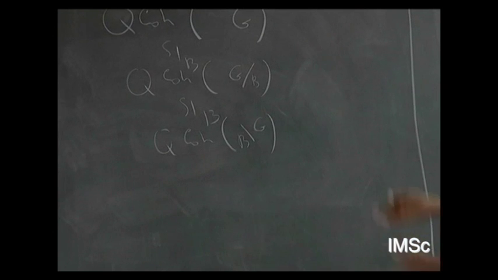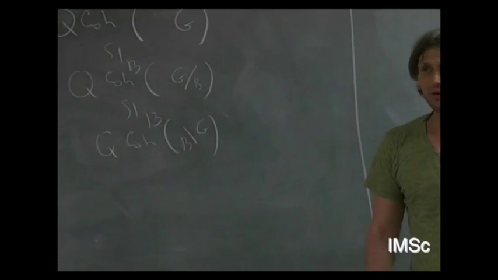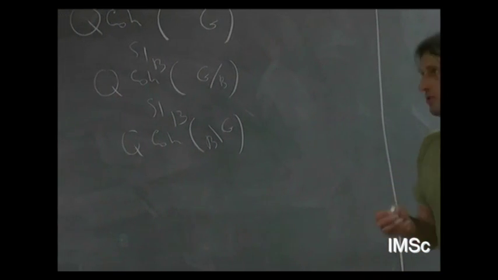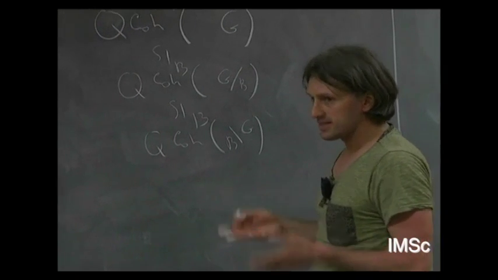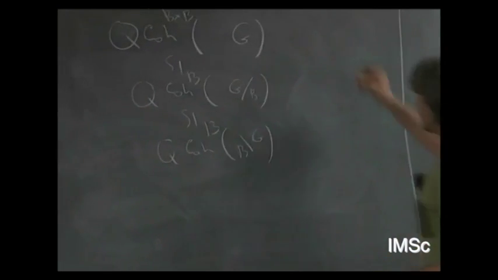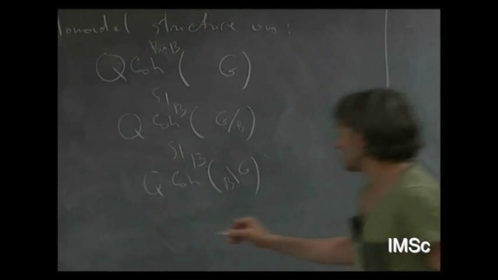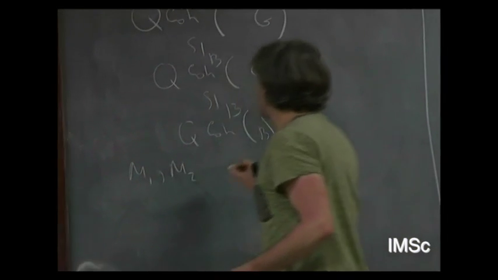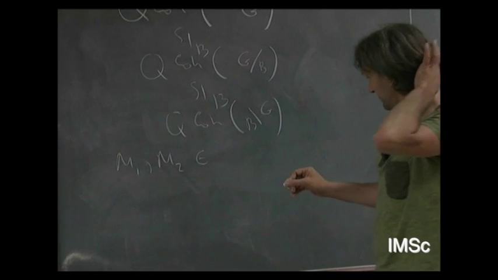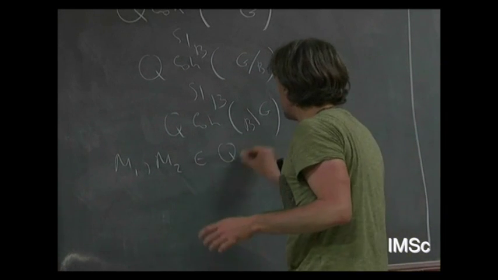But I am not allowed to take the double quotient because there is no free action of B cross B. And if you consider the double quotient as a stack, then it's of course the same thing. However, the monoidal structure is defined as follows. Suppose we have M1 and M2 in this category.